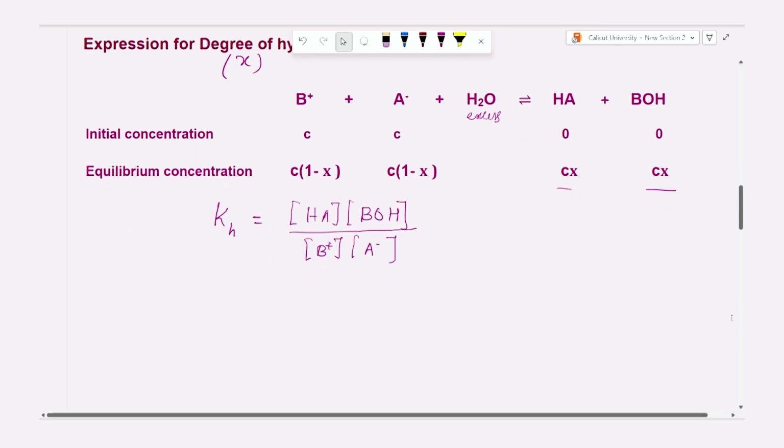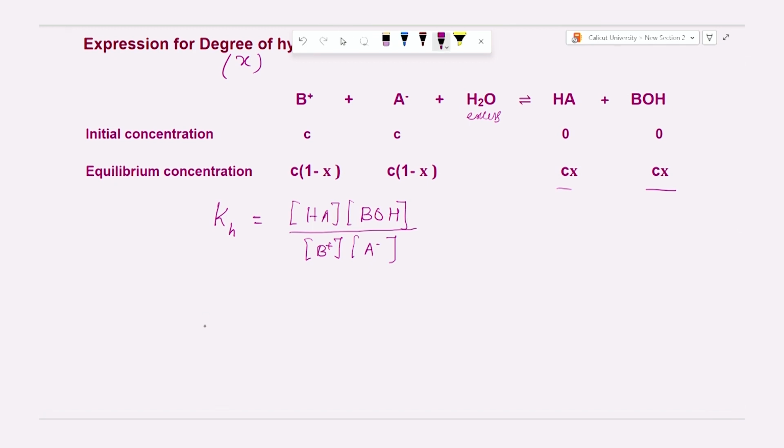Now, let us substitute these values with the concentrations which we have assumed. HA is Cx, BOH is also Cx, whole divided by B plus is C into 1 minus x and A minus is also C into 1 minus x.